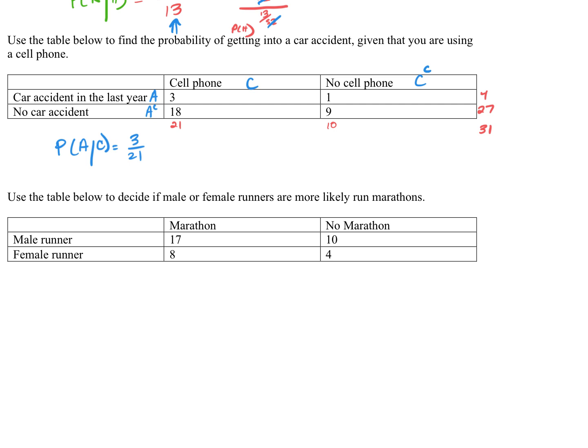The minute I have that given, I'm hyper-focusing on this column. Is this okay? 3 out of 21 is 1 out of 7, which is 14.3%. Sure wouldn't mind if somebody checked that on me.